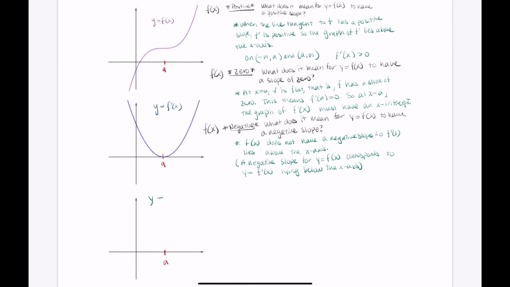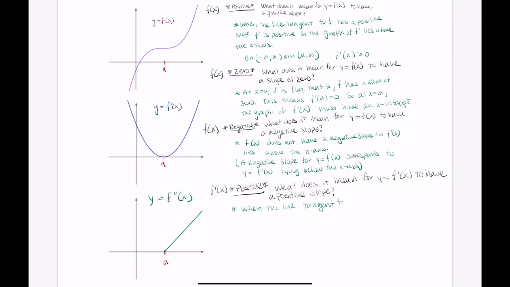So when I sketch y equals the second derivative of f, everything to the right of a should lie above the x-axis. So to reiterate, here in green I wrote, when the line tangent to the first derivative has a positive slope, then we know the second derivative, that is its graph, has to lie above the x-axis, and you can see that here.